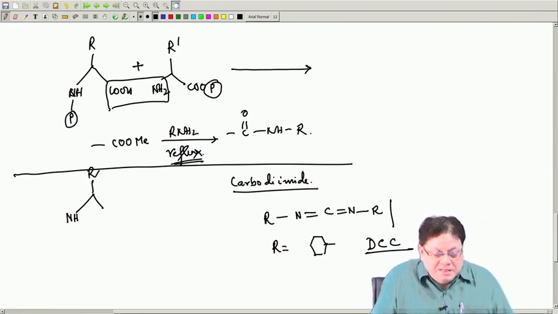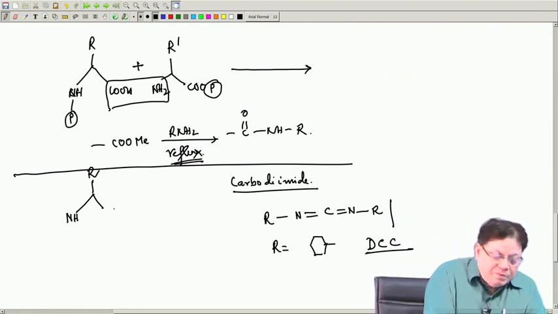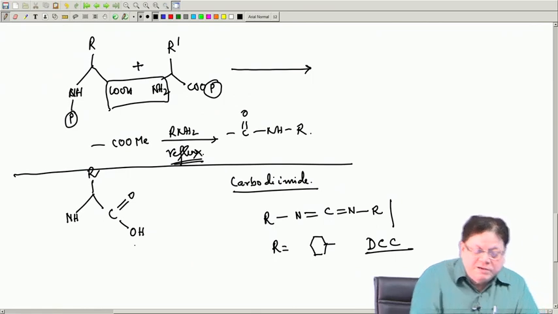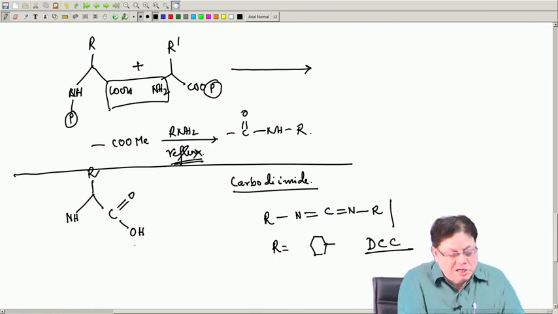And what DCC does, it basically activates the carboxy and makes it a very good leaving group. Instead of the OH, because OH is a bad leaving group unless you protonate it, or you have to convert it into a good leaving group, and DCC or any carbodiimide can do that.